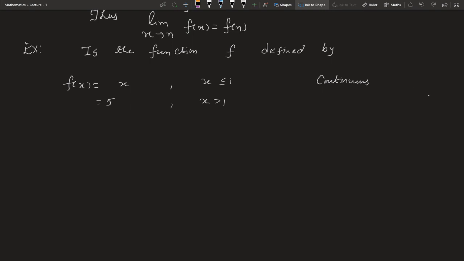That is the first question. Is it continuous at x equal to 1? Second question.